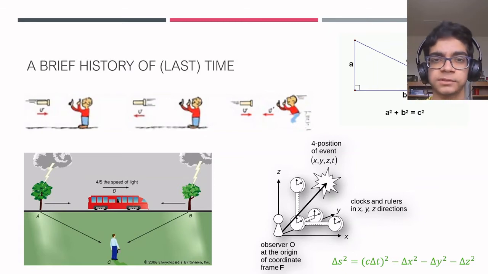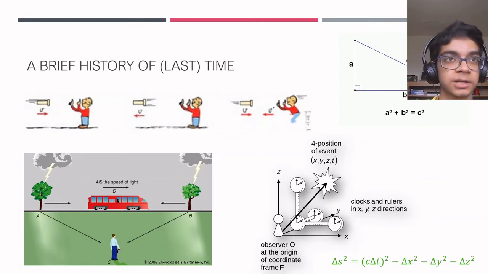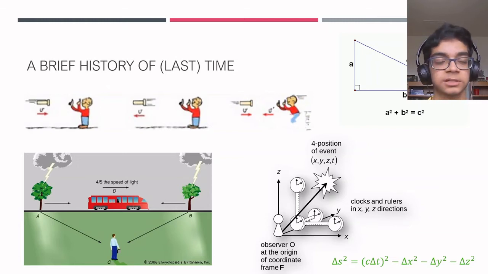And a reference frame is called an inertial reference frame if it's moving at constant velocity, which means that it's not turning, it's just moving in the same direction without any acceleration or anything like that. So we're going to be considering inertial reference frames most of the time when we're doing special relativity. When we consider non-inertial reference frames and acceleration, things get slightly more hairy, and we might get to that in a future lesson. However, right now, just like before, we're only going to be considering inertial reference frames.